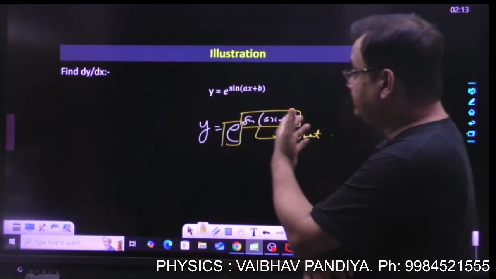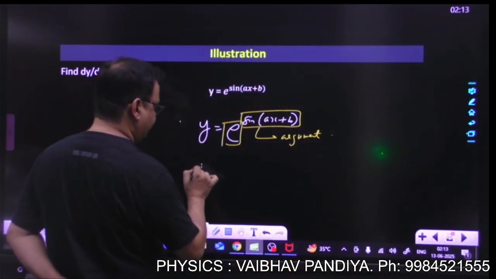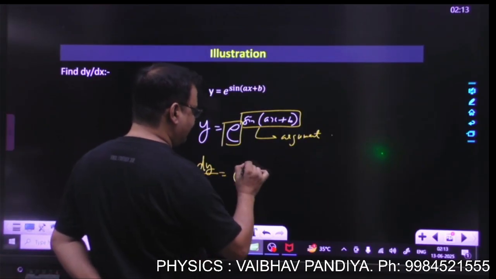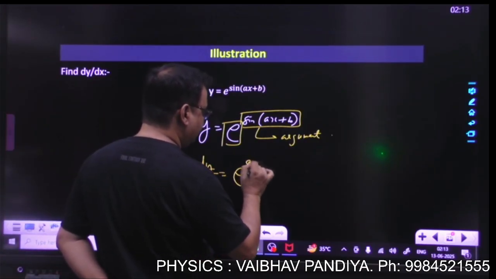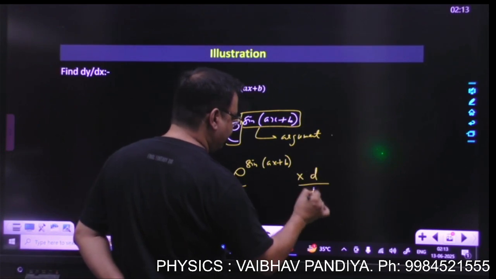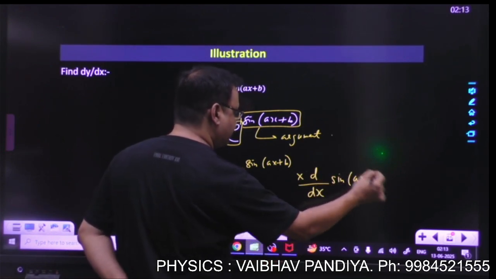Here the base function is the natural exponent and its argument is what? Sine ax plus b. So dy by dx will be what? E, copy the argument, remember? Sine ax plus b. Now we have to further multiply it by the derivative d by dx of sine ax plus b. This is the chain rule.